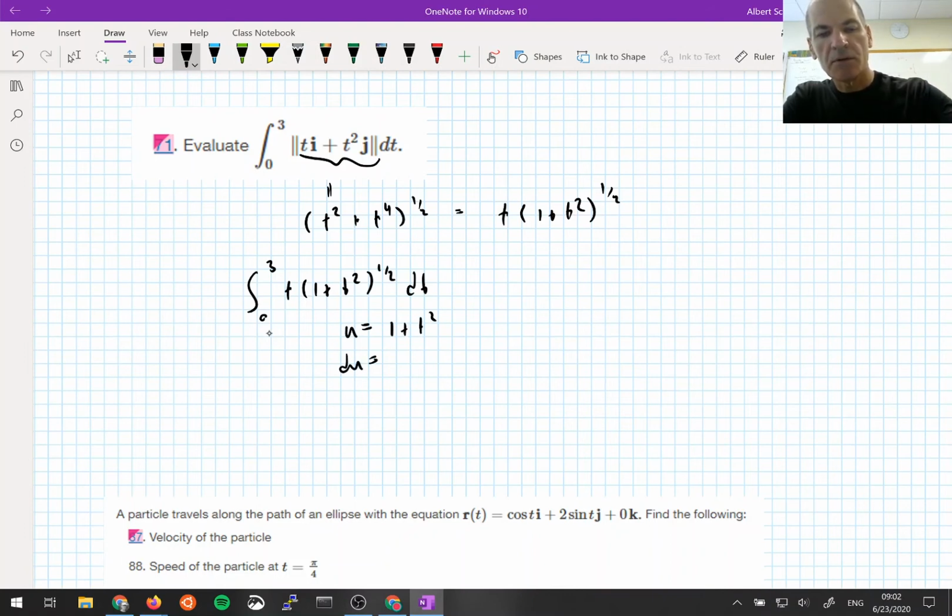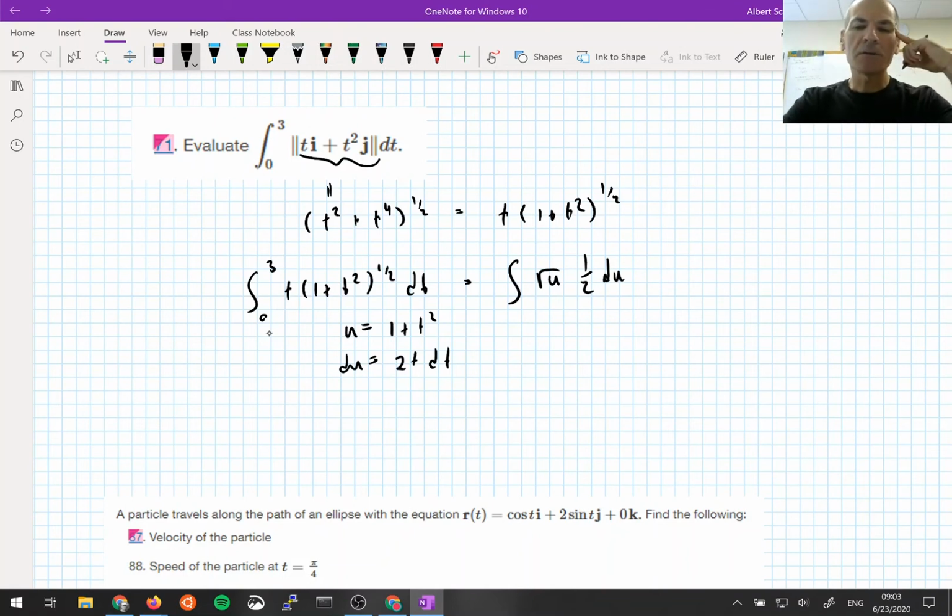That leads to du equals 2t dt. And we can transform the integrand in the following way. We see that the square root of 1 plus t squared is just the square root of u. And t times dt is just 1/2 du.